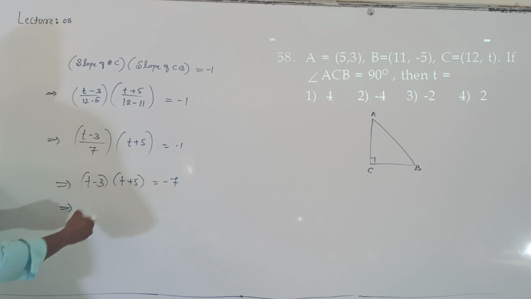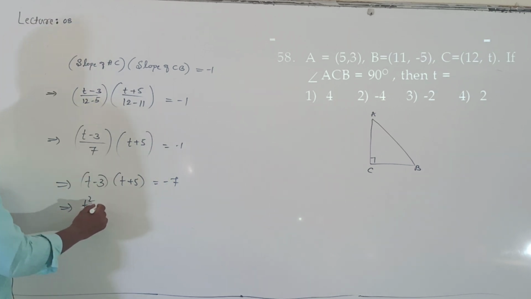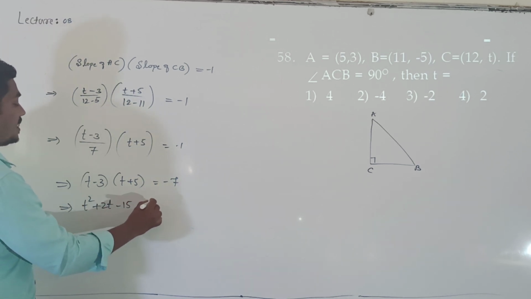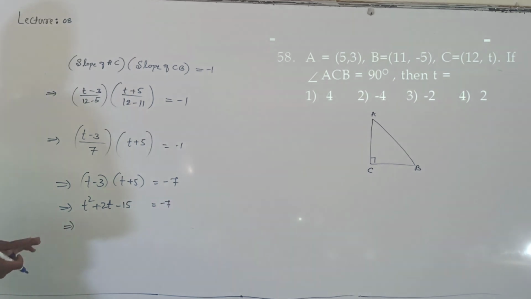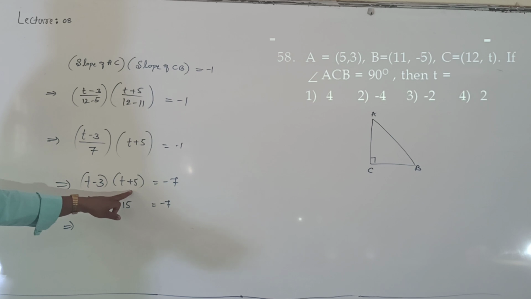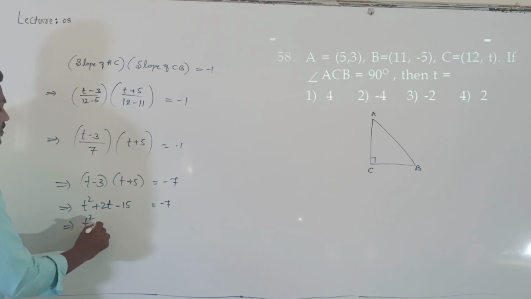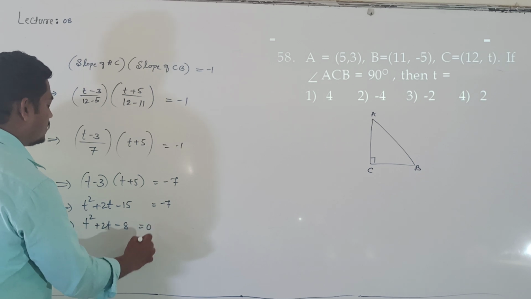Now the usual multiplication. t square minus 3t plus 5t, that is 2t, minus 15, that's equal to minus 7. Then t square plus 2t minus 8 equal to 0.